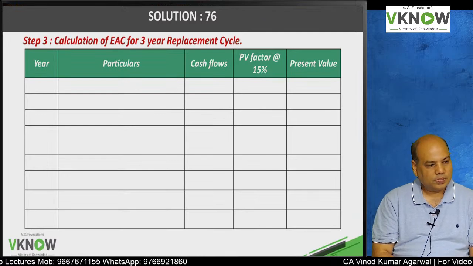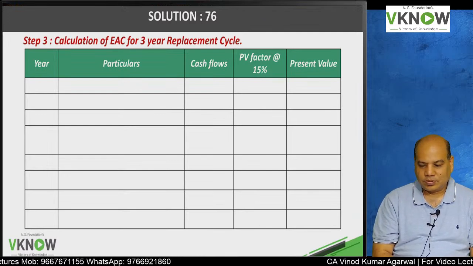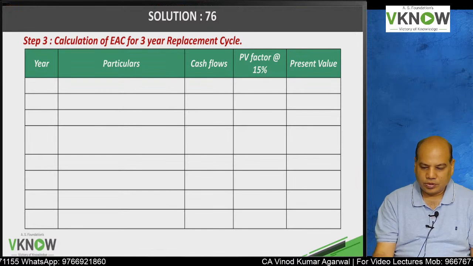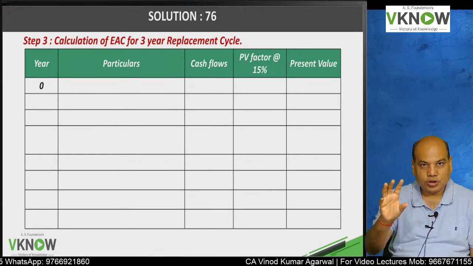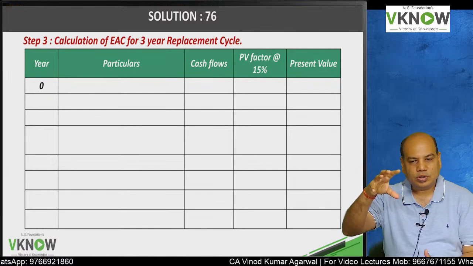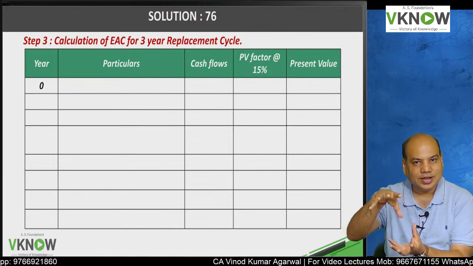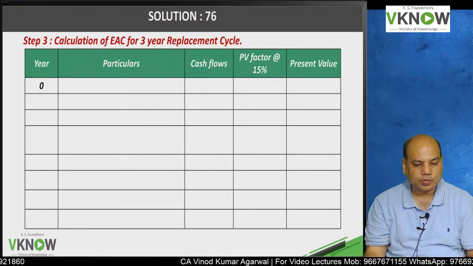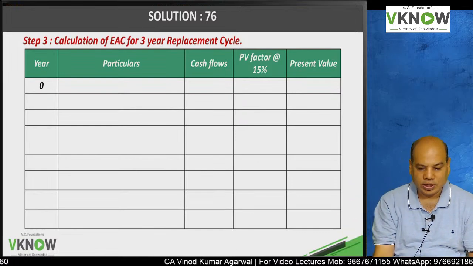Year, particulars, cash flow, PV factor at 15% and PV. So now imagine you have to use cash flows of only 3 years. If you buy an asset with a 3-year life, what are the cash flows associated with that?